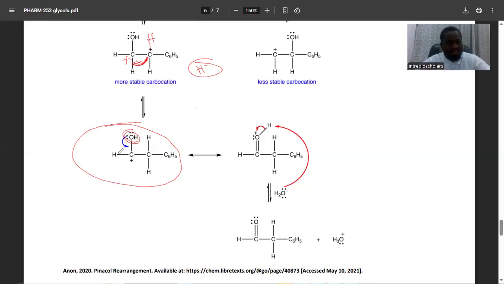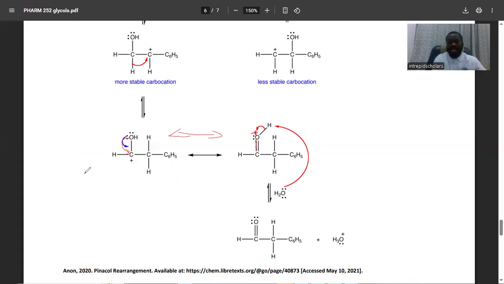And so, what we have here will be the donation, as has been shown with the blue, right? Donation of the electrons. So there will be a double bond now after donation of the electrons. A positive charge will be transferred onto the oxygen. Now this can go back and forth like that, right? When you have two resonance structures, you are more stable than the one that has none.